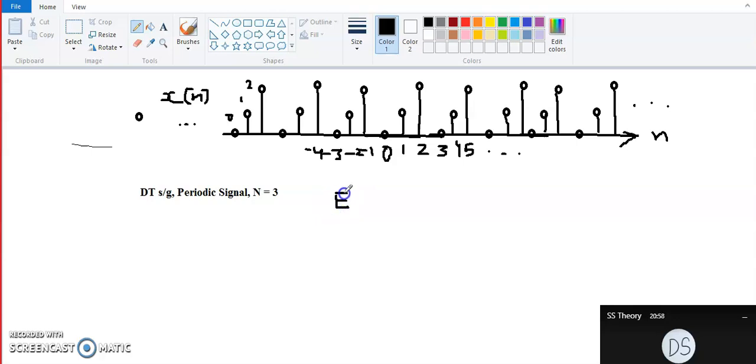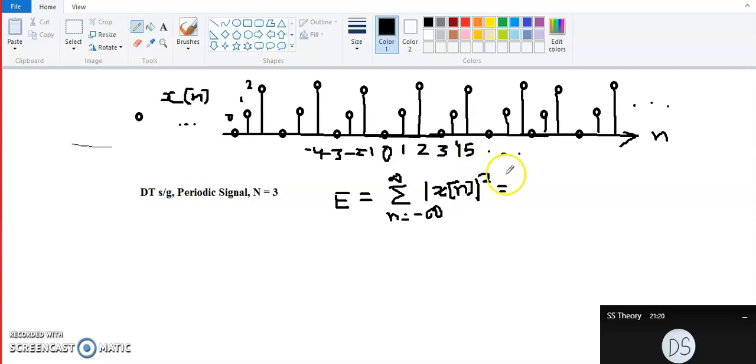Now let us find out its energy. Energy we defined earlier also. It will be the summation of n changing from -infinity to +infinity of the mod of x[n] whole square.